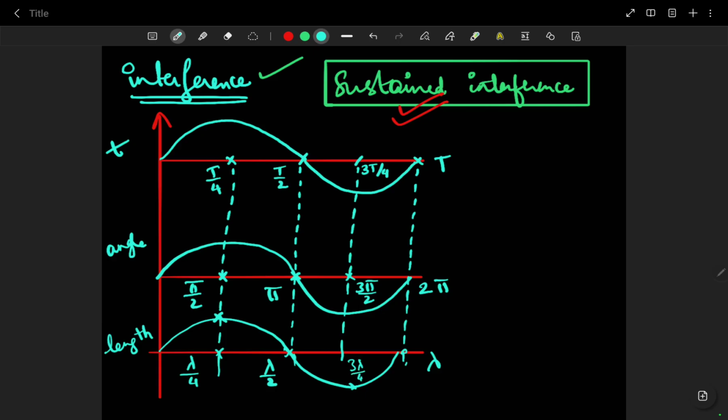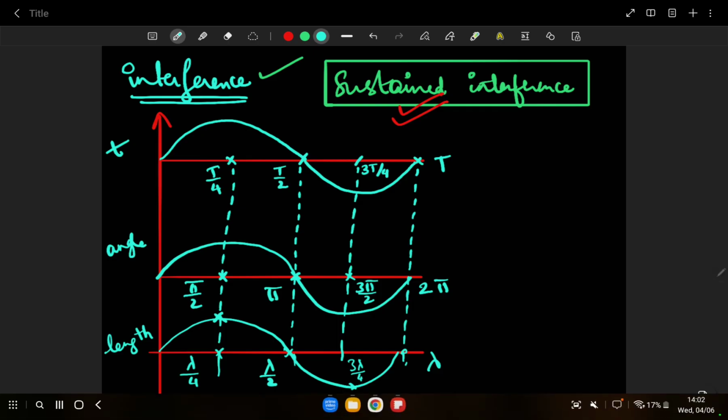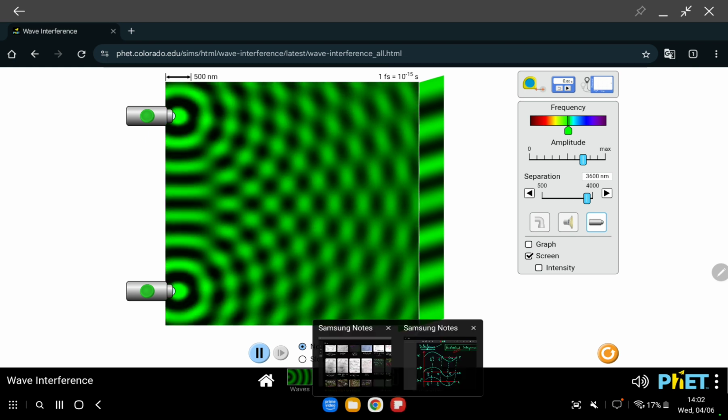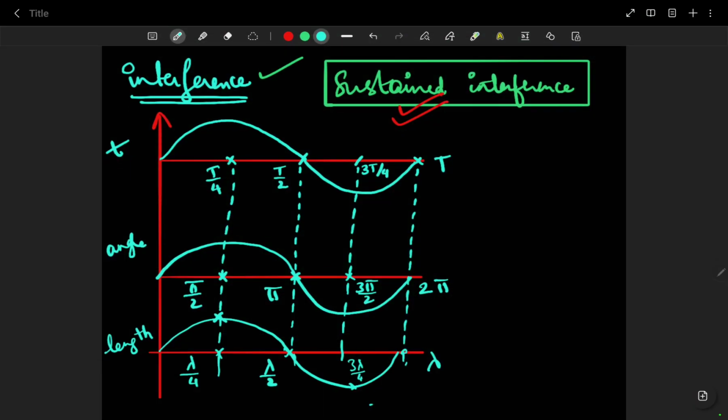So when I'm saying that two waves that are showing interference have a phase difference of 0, which you have successfully seen over here, how it is happening, right? For this, what is happening is these two light sources have a phase difference of 0.